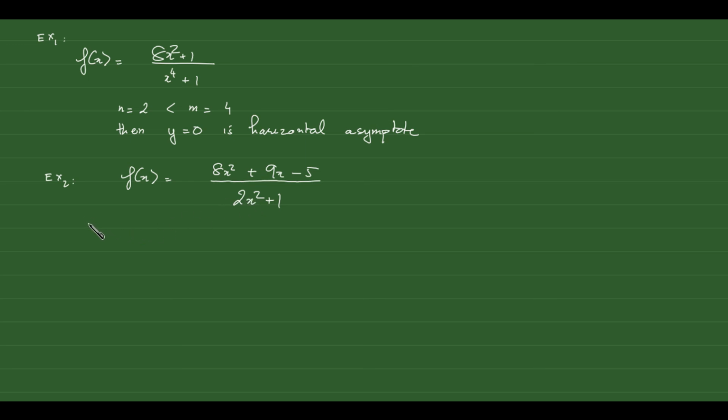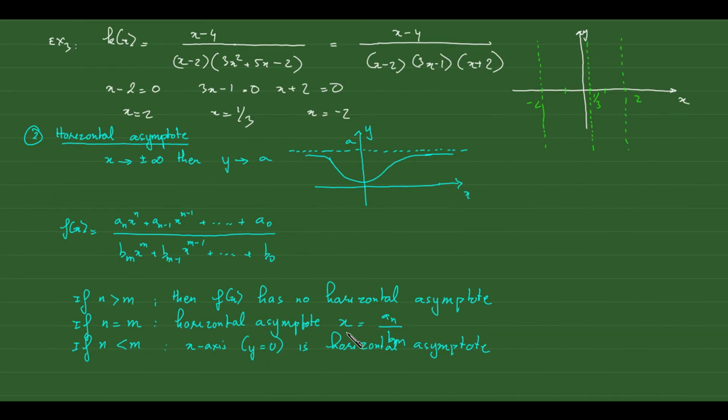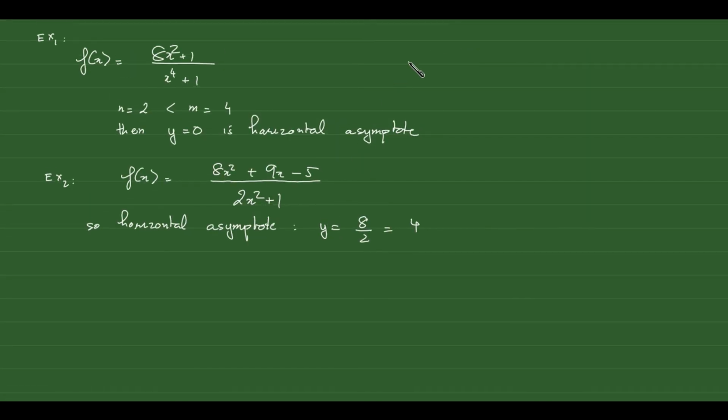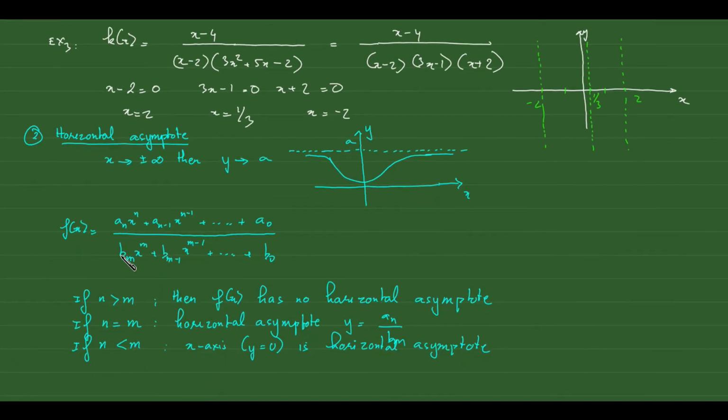So the horizontal asymptote will be y equal this over this. 8 over 2 will be 4, right? Go back to the rule right here. Oh, I need to change a little bit over here. It will be y, not x, because it's a horizontal line. There you go. I changed it. It will be y equal to the coefficient on the top over the coefficient at the bottom.